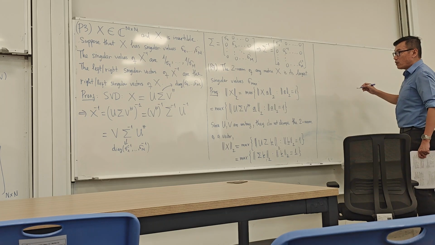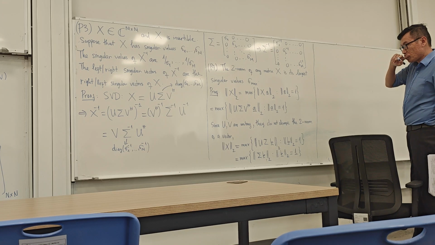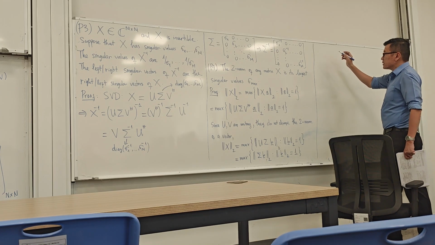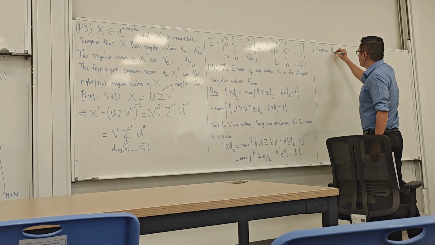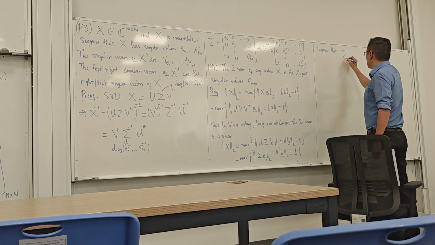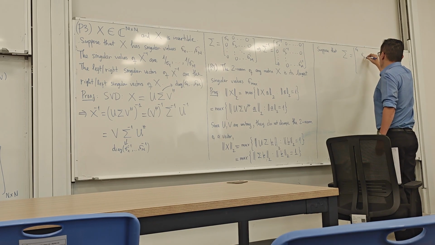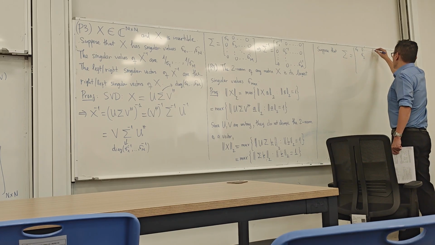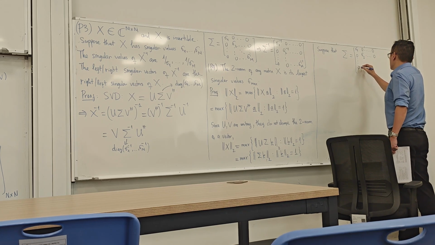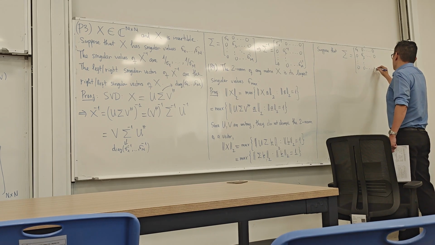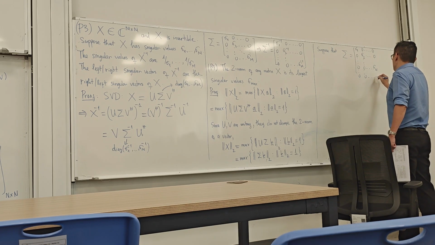Suppose that we have sigma as the following one: sigma 1, sigma 2, 0, and so on, 0, 0, 0, 0, 0, this one goes to sigma n, and more 0, 0, and so on, 0 here.